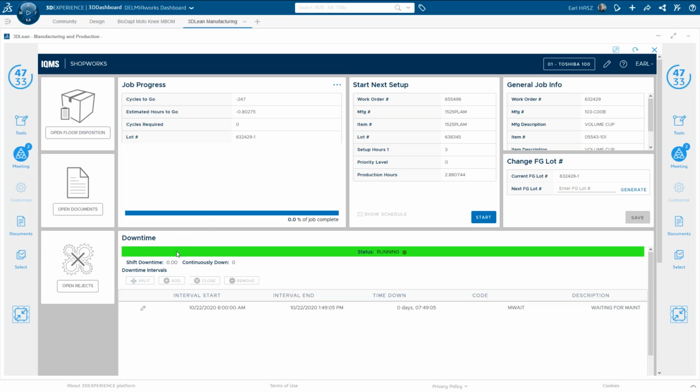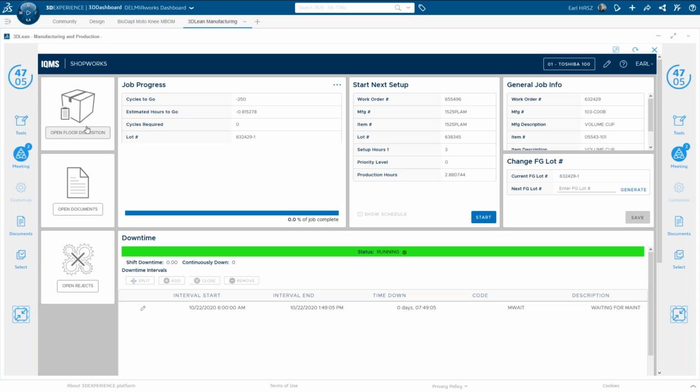Now, if I have any questions, I can always go in and open up the documents for that particular work order and obtain that information directly. If I have any rejects, perhaps there was some kind of quality issue I notified, I can open up the rejects and actually report those rejects as we go through this.